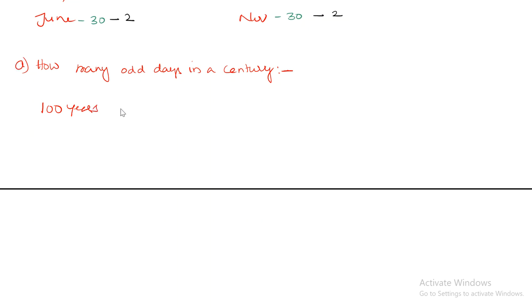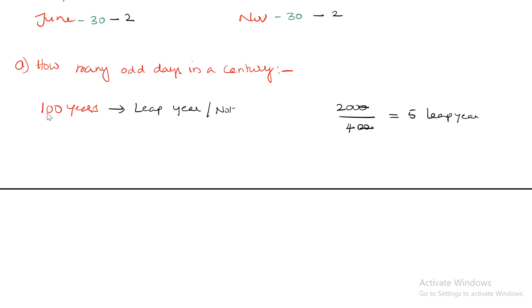Now in 100 years, first check whether it is a leap year or not. How are we going to find the leap year here? In a year like 2000, there are four digits. If you divide it by 400 and you get no fraction, it is a leap year.